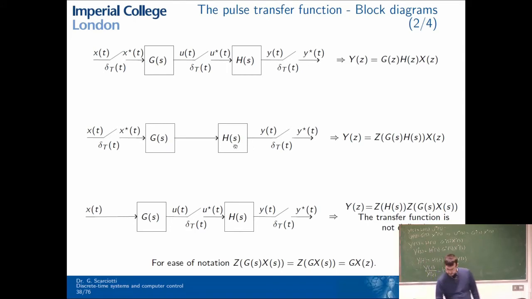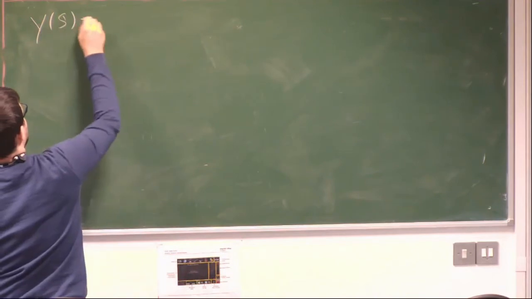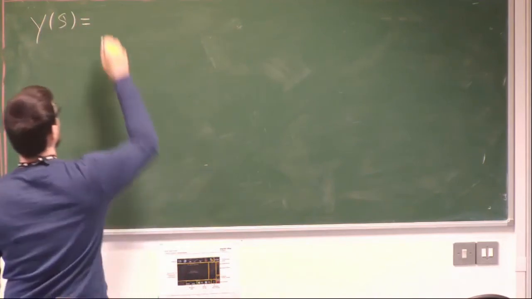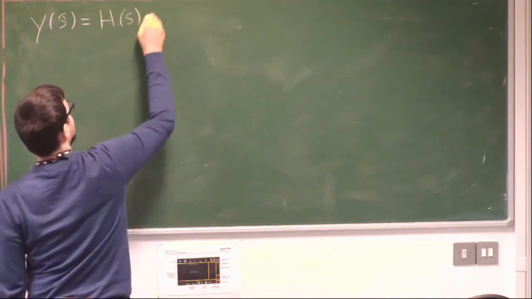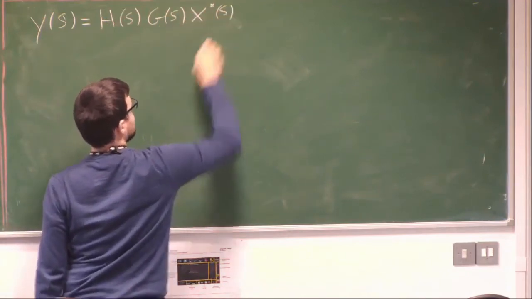Let's look at the next example. In this example, we see that the sampler between g of s and h of s is missing. So what we will have is that y of s is equal to h of s times g of s times x star of s. Okay?